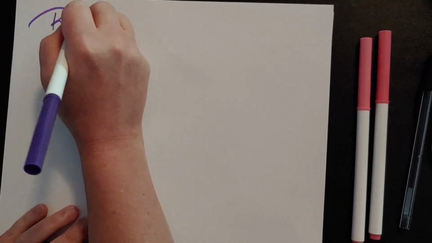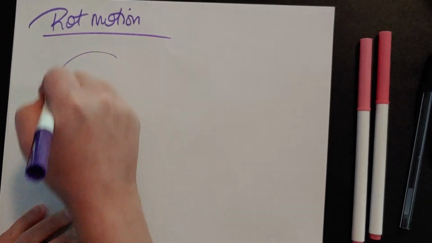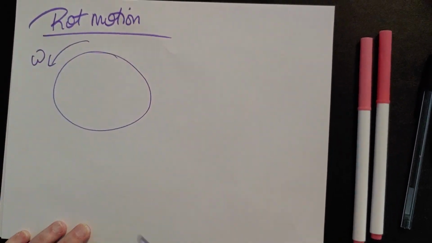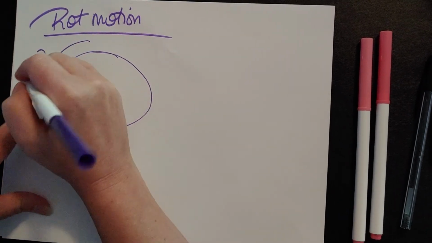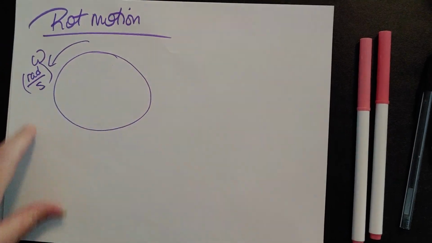All right. In general, rotational motion, okay, you've got this thing rotating with an angular velocity omega that's measured in radians per second.